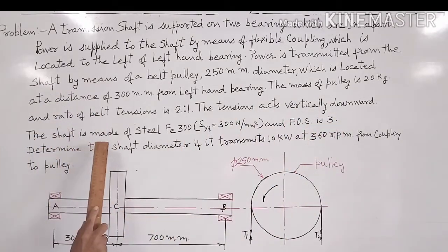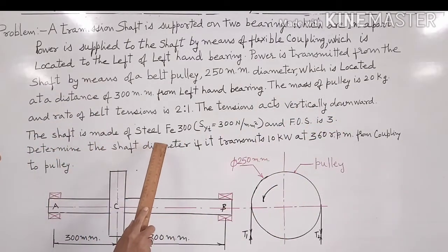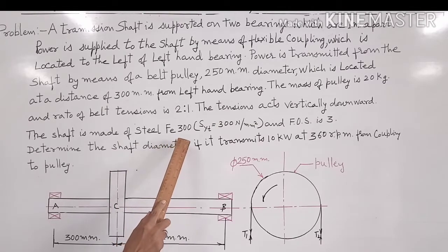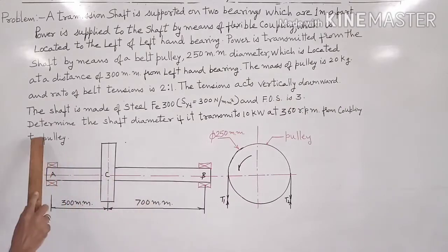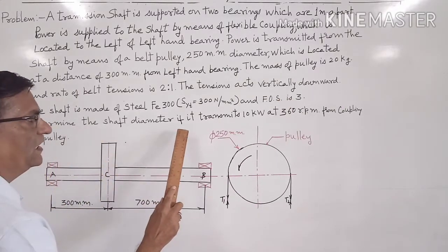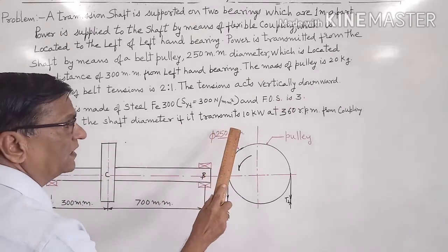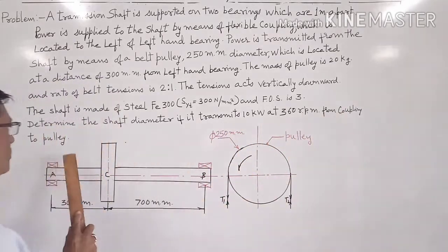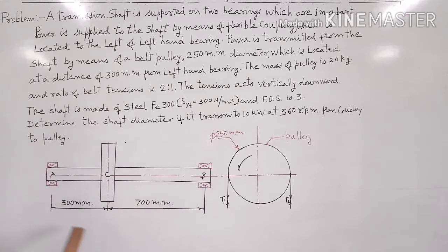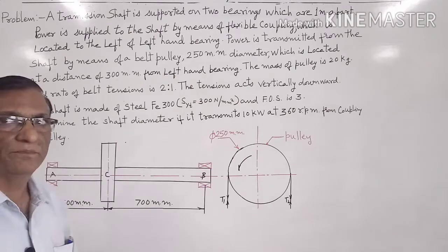The shaft is made of steel Fe 300 and the factor of safety is 3. Determine the shaft diameter if it transmits 10 kilowatt at 360 rpm from coupling to pulley. So this is the problem given and this is the figure of the problem.